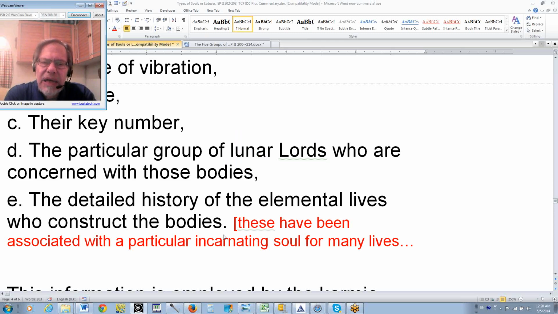These elemental lives, not necessarily the tiniest elemental lives, which are atomic, but let's just say that the elemental life which constitutes the entirety of any particular lunar vehicle is gathered and regathered, associated with the incarnating soul at each point of that soul's re-immersion into matter.